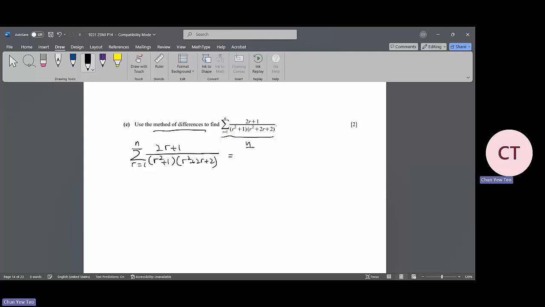Split them to become 1 over r squared plus 1 minus 1 over r squared plus 2r plus 2. Then we replace the series: r equal to 1, then r equal to 2, then r equal to 3.